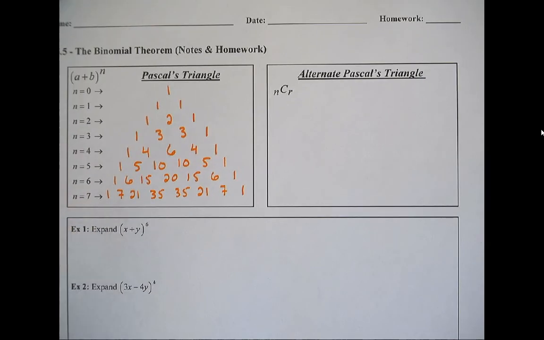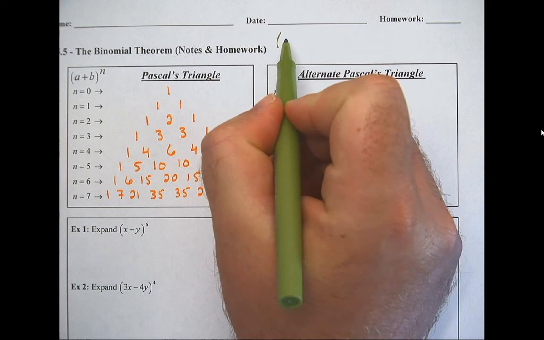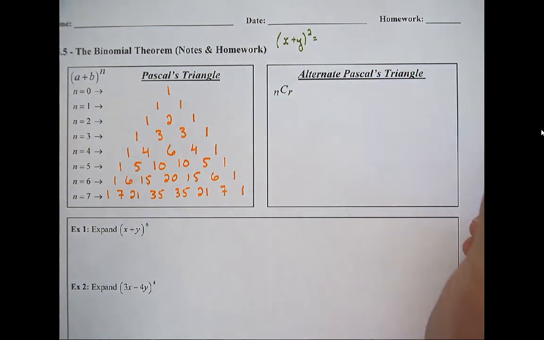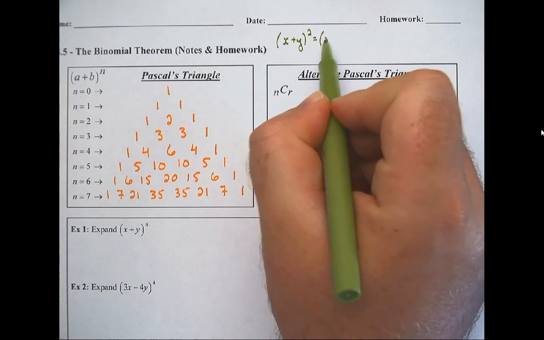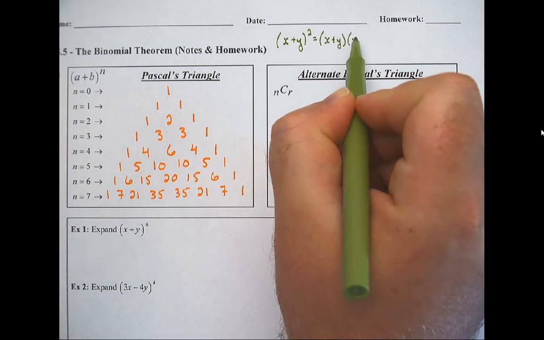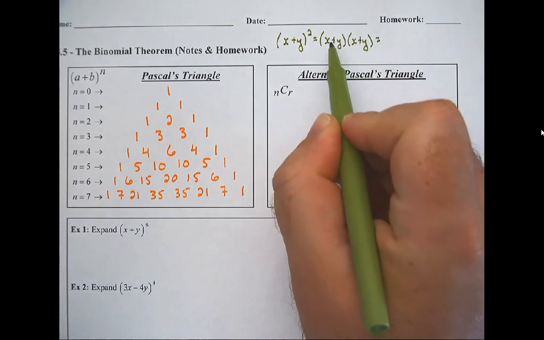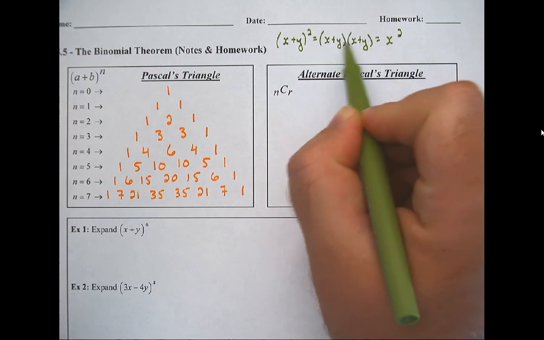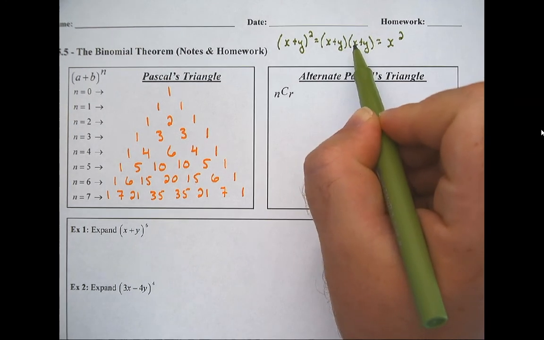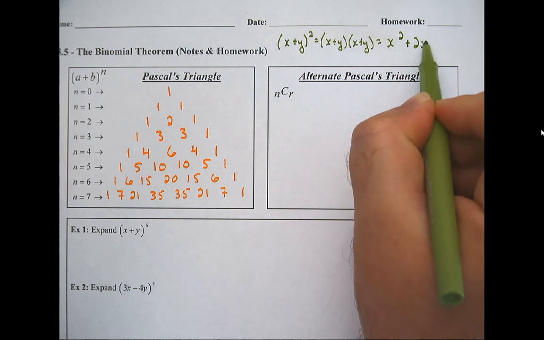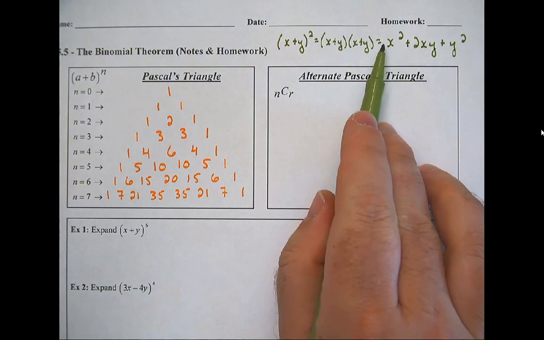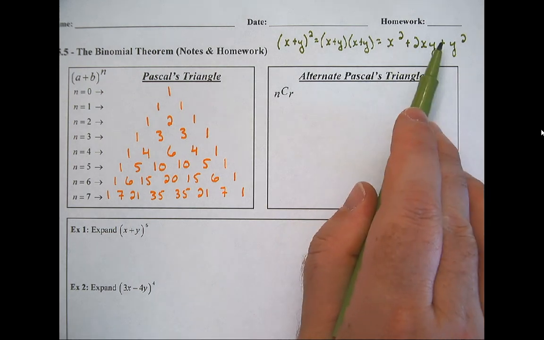Let's do an easy one like (x + y)^2. That would be (x + y) times (x + y), which when I distribute, x times x is x squared, x times y is xy, and then y times x is another xy, so there are two xy's, and then y times y is y squared. Notice what the coefficients are: 1, 2, 1.